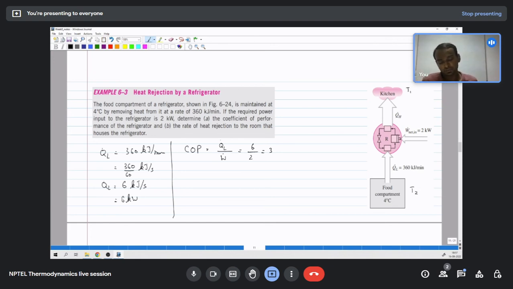And the second part of the problem is to find the rate of heat rejection to the room that houses the refrigerator.